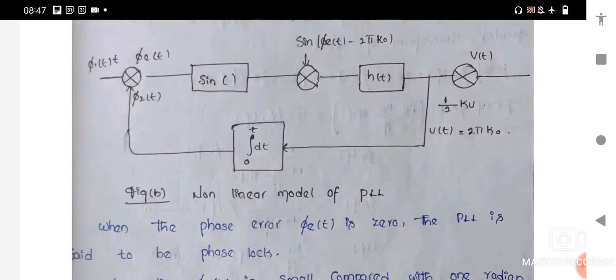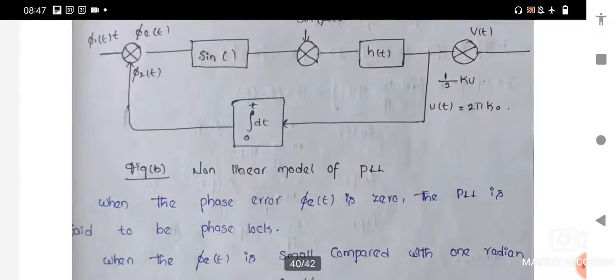When the phase error, that is phi e of t, is 0, the PLL is said to be in phase lock. Phase lock is nothing but whenever phi e of t is 0, that means the PLL has phase lock.